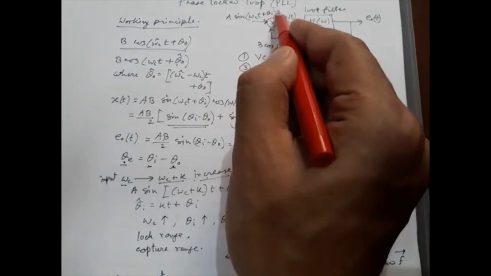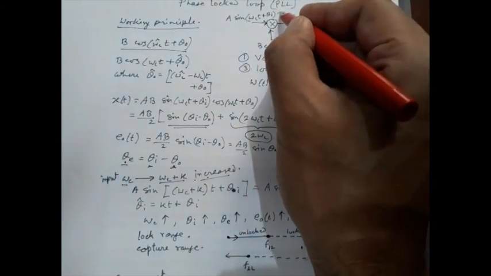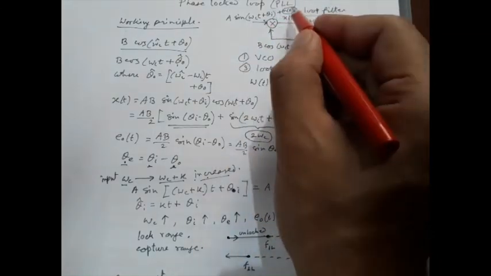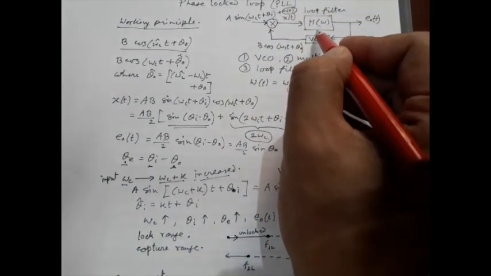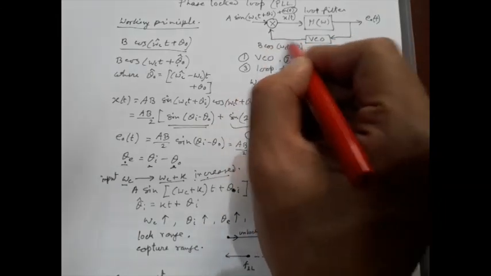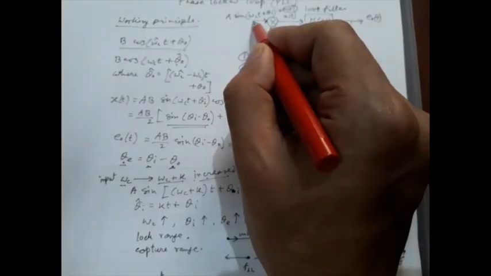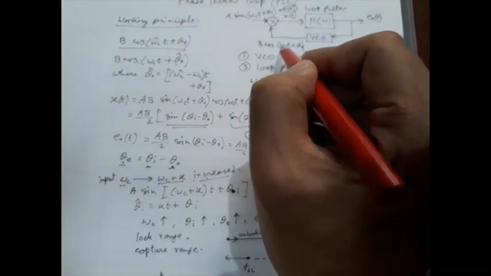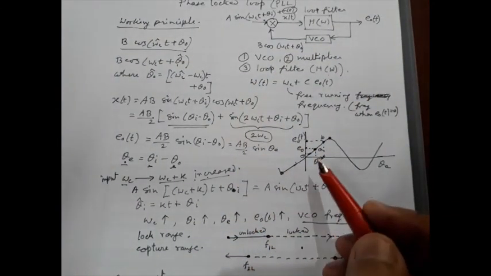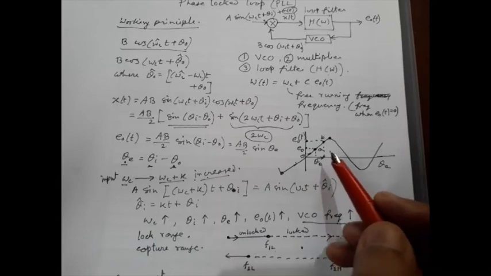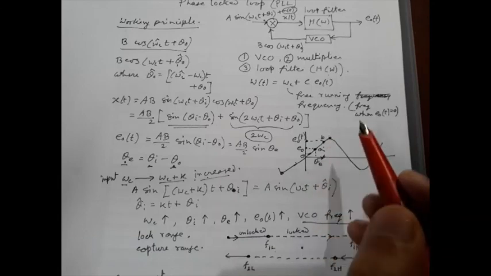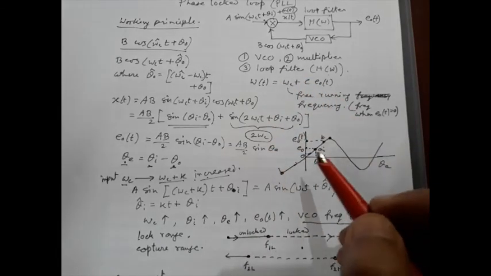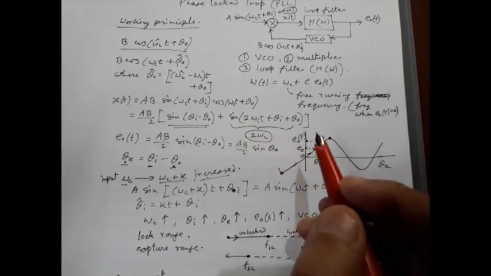So if there is some added signal n(t), that n(t) will not be tracked by this PLL. Here we will get a pure sinusoid like this one, and n(t) will be eliminated. That means the PLL cleans up the input signal from the noise.